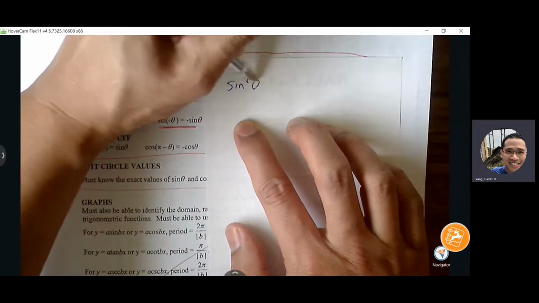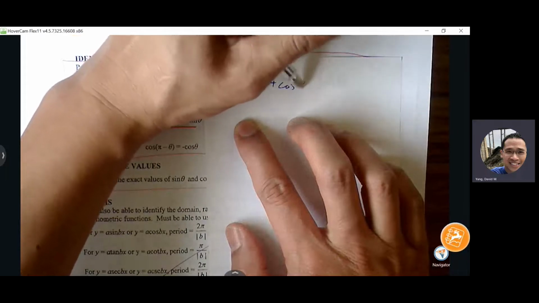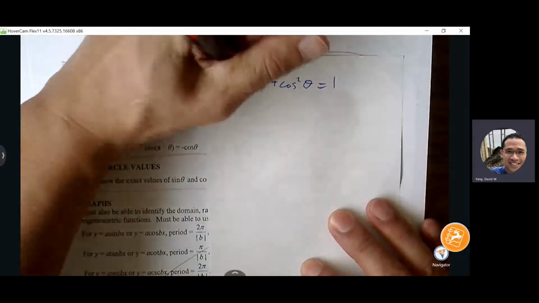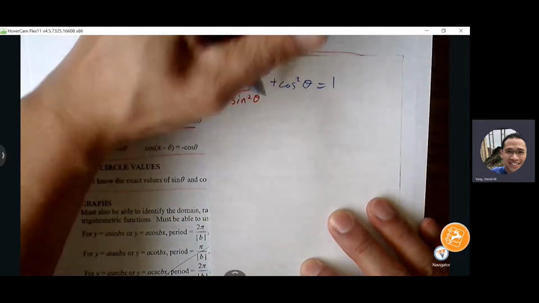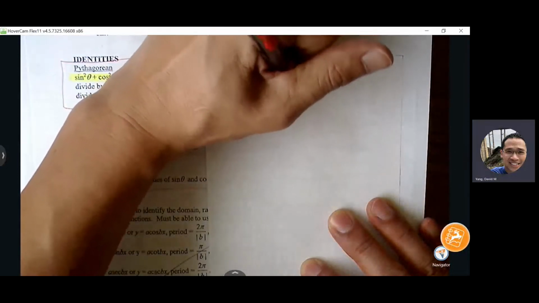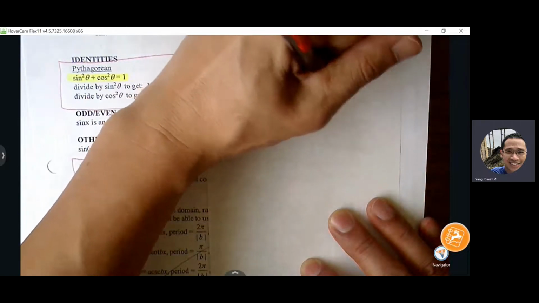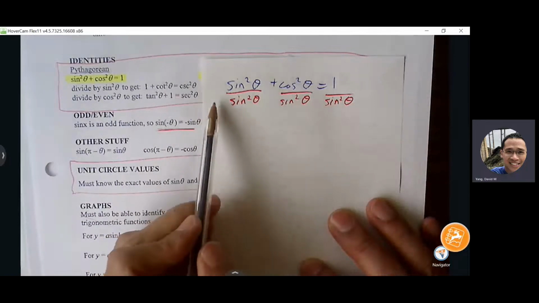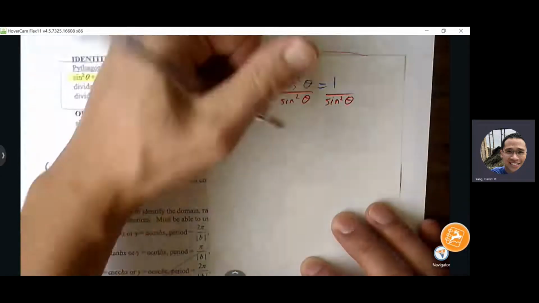If I have sine squared plus cosine squared equals 1, if I divide everything by sine squared, one of the known identities is going to just pop up if we know our reciprocal identities. Okay, so sine over sine is 1.